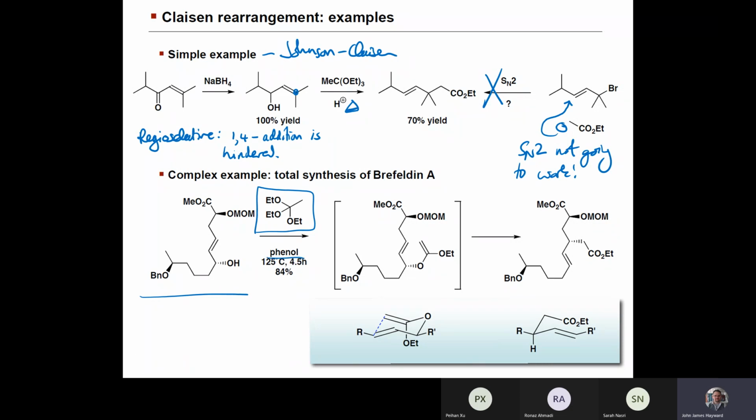Phenol is being used as the weak acid here, so it's a very weak acid, and it's being heated to 125 degrees. We get through to the same intermediate. We rearrange and we get the trans alkene out. But importantly, in addition to getting our trans alkene, we actually get a transfer of stereochemistry. Okay?